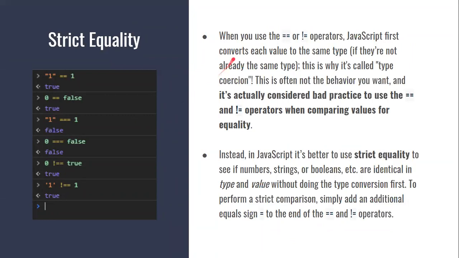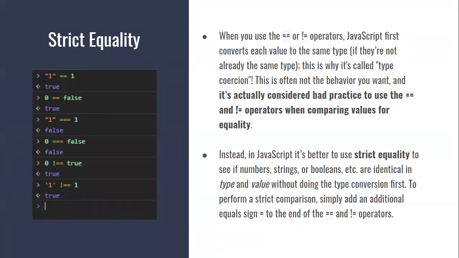When you use double equals or the not equal operator, JavaScript first does the conversion. If they're not already the same type, it does a type coercion. This is the behavior you do not want. It's considered bad practice to use it. That's why sometimes when I look at this, I'm like, what do we mean? Because I never use it. I always use triple equals because it avoids so many errors.